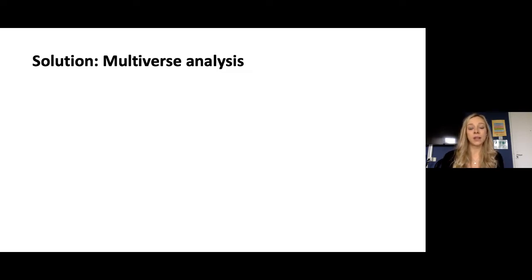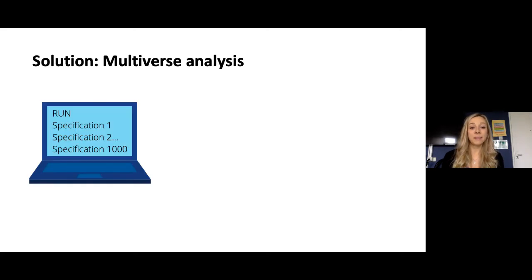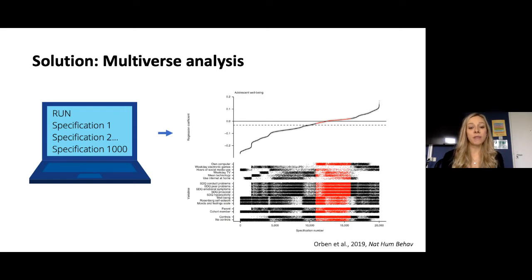So only things that could reasonably be done for good reasons to test the relevant question. Once all of these different analytic choices have been identified, and these are often termed specifications, researchers run all of the different analyses, which often include thousands, and then they can report the results from all possible specifications.